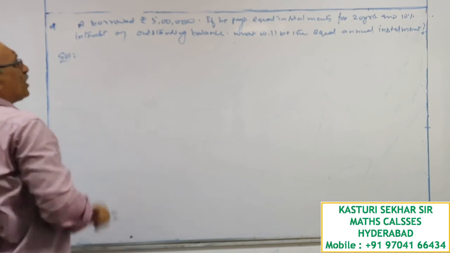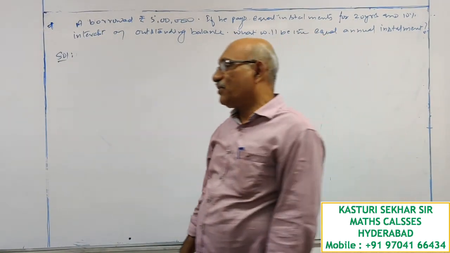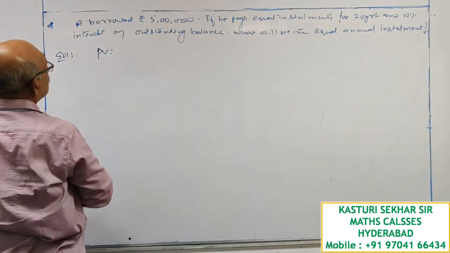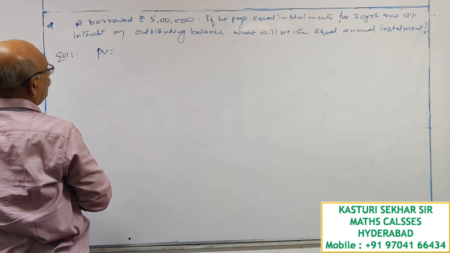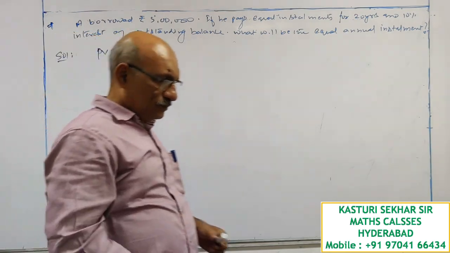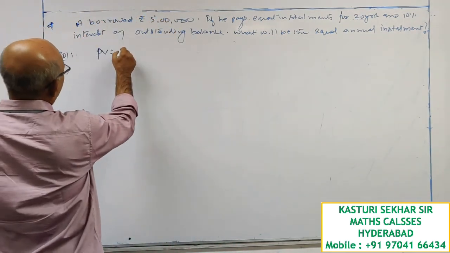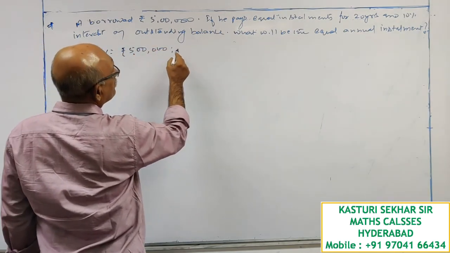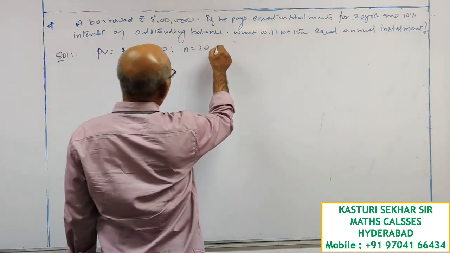Now it is a loan problem. Borrowed means loan. What is the present value of the loan? Rupees 5 lakhs. N is equal to 20, in 20 installments.